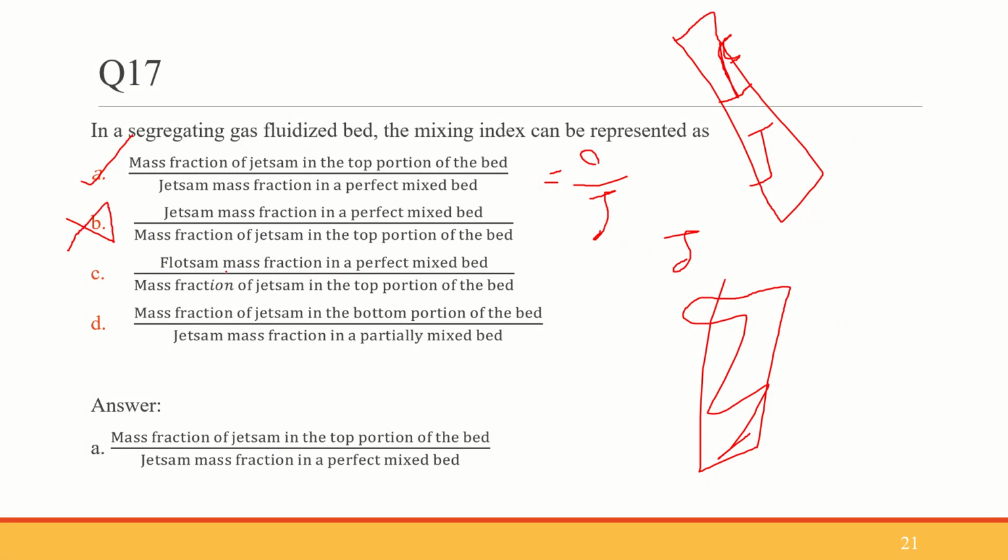Option C, flotsam mass fraction in a perfectly mixed bed divided by mass fraction of jetsam in the top portion of the bed. We cannot actually compare these two. It should be the same component in the numerator and denominator, so this again cannot be used for the calculation. And option D, mass fraction of jetsam in the bottom portion of the bed divided by jetsam mass fraction in a partially mixed bed.